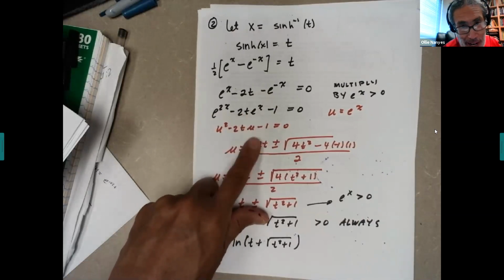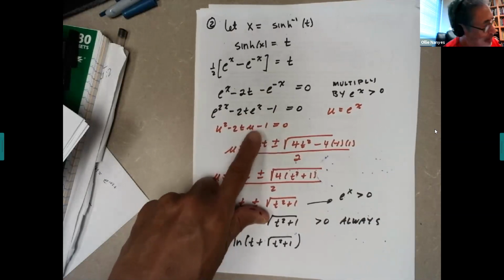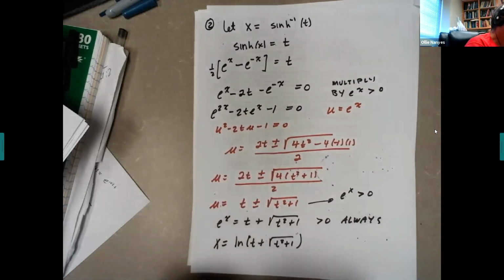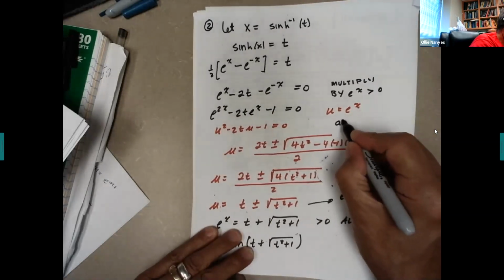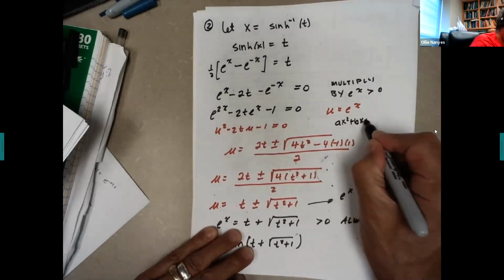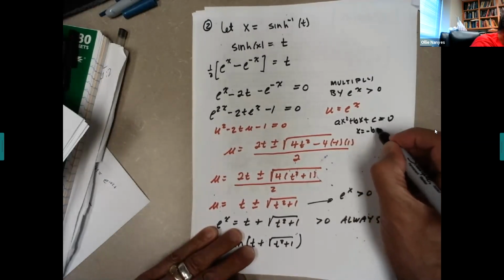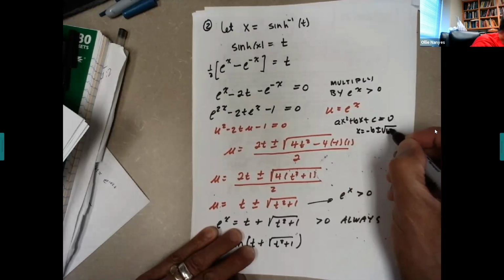Since this is a quadratic equation, we can use the quadratic formula. And to remind you of that, we have ax squared plus bx plus c equals 0. We know that x is equal to minus b plus or minus the square root of b squared minus 4ac, over 2a.